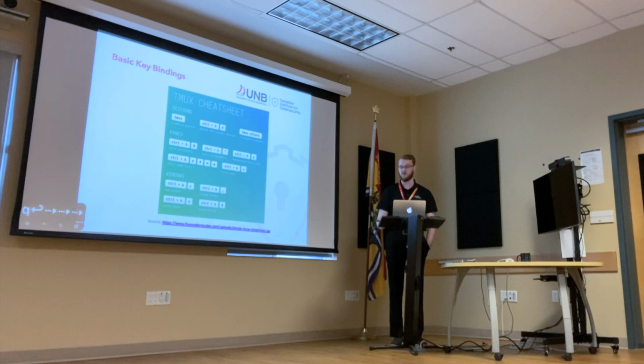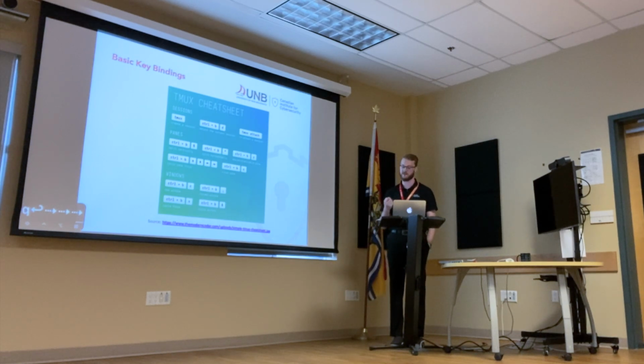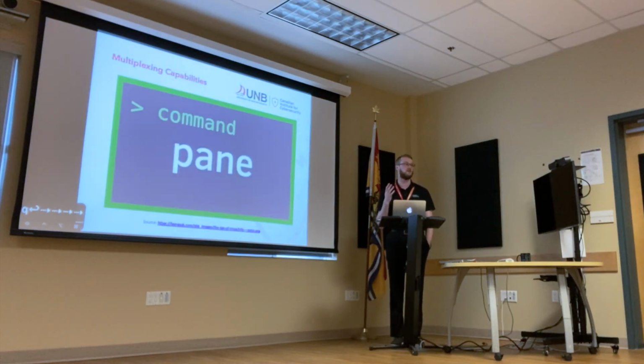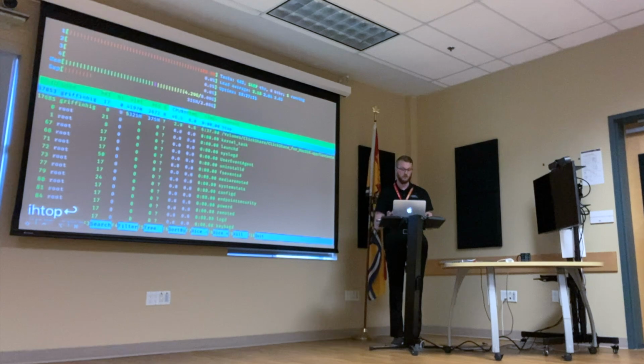Tmux also has some very basic bindings, no crazy keyboards or anything like that. This is very simple if you just want to use the simple features. So we're going to talk about these things: sessions, windows, and panes. In Tmux, you start with a pane, and in a pane you can run a command. For example, if I wanted to run htop in the terminal, we could do that here.